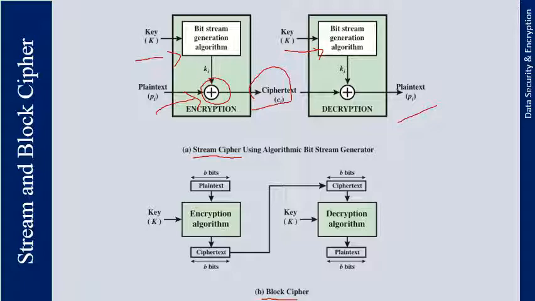That means a block of bits, such as 64 bits or 128 bits of the plain text, is taken as an input to an encryption algorithm, along with the key, to transform it to a ciphertext. Similarly, on the decryption side, it takes the ciphertext as an input and the key along with that, and it will produce the same amount of plain text as was taken in the input, the number of n bits.